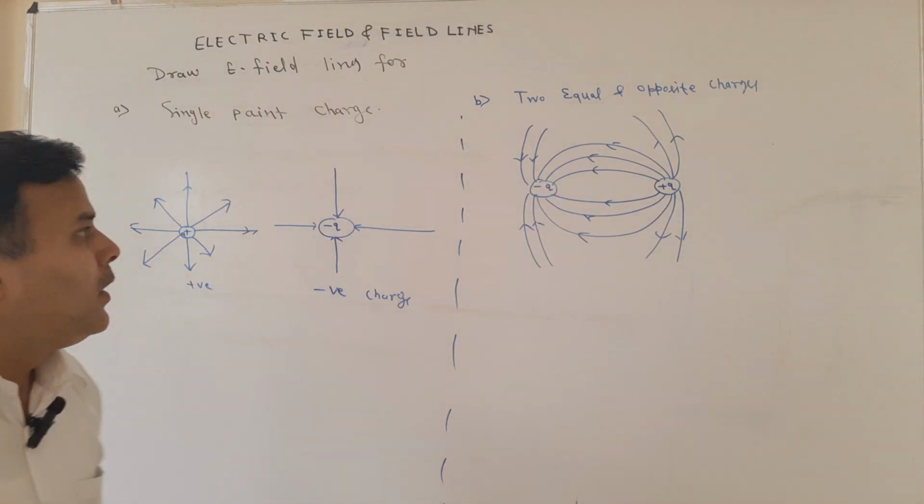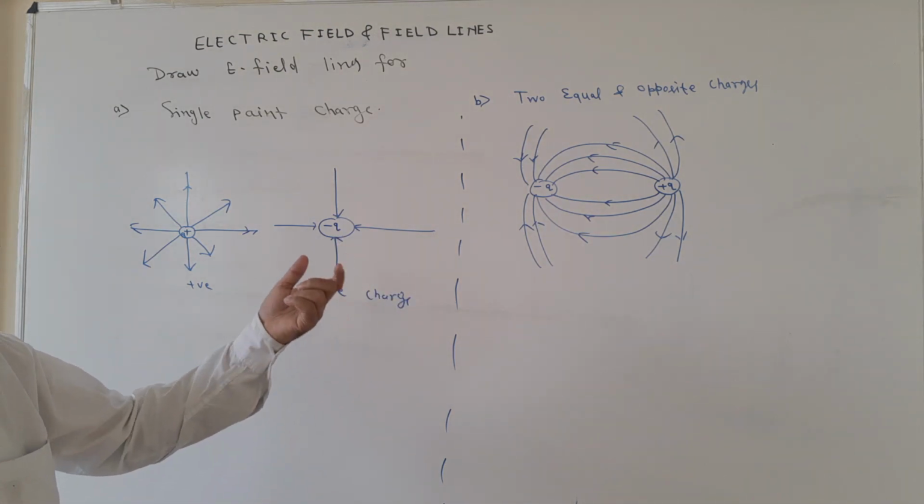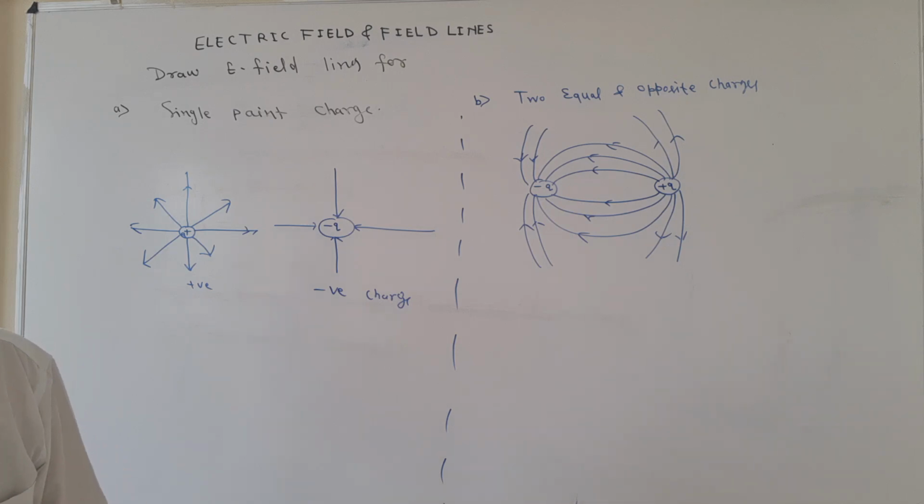This is the schematic of electric field lines due to two equal and opposite charges.